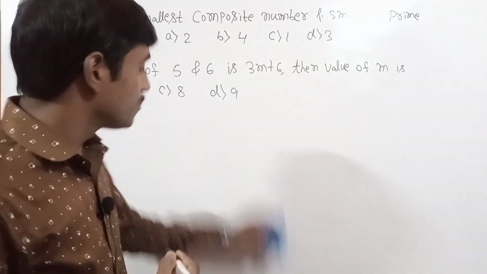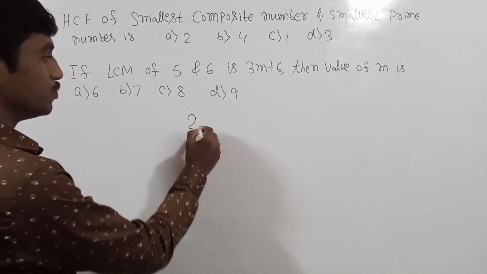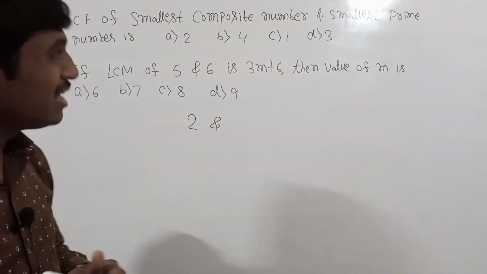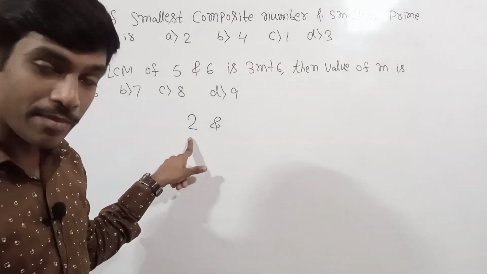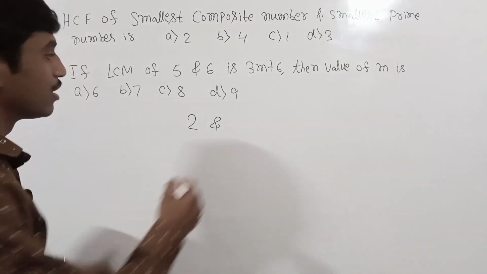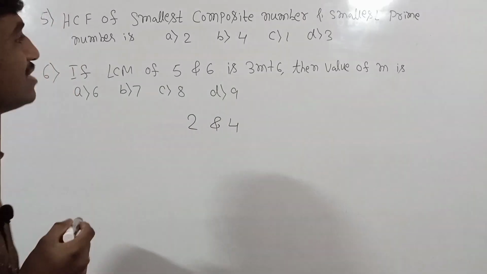So the smallest prime number will be 2. 2 is a prime number, the next number 3 is also a prime number, and the next number 4 is not prime, which means it is a composite number. So the smallest composite number is 4 and the smallest prime number is 2.